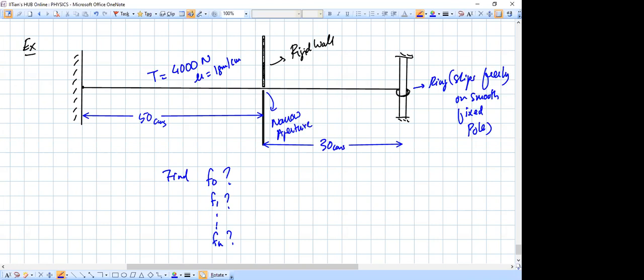So the additional concept that we'll have to apply here is that other than the normal fact that this is a rigid boundary where the string is attached to the wall on the left hand side, and this is a flexible boundary and therefore an antinodal point where there's that ring, there is also a third boundary condition that we are imposing, that this point where the string is going through that narrow aperture is now forcefully becoming a node. So the standing wave pattern in the string will only support those modal harmonics where all three boundary conditions are satisfied, that these 2 points are nodes and that ring point is the antinode. So it's a 3 boundary value problem now instead of 2 boundary value problem.